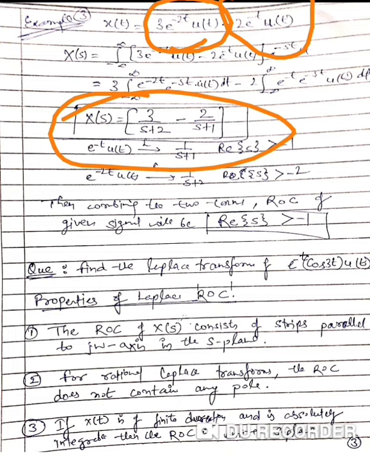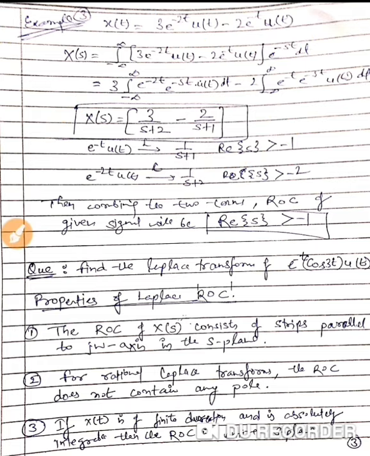The Laplace transform of e^(-t) u(t) will come out to be 1 upon s plus 1, for which the real part of s should be greater than minus 1.